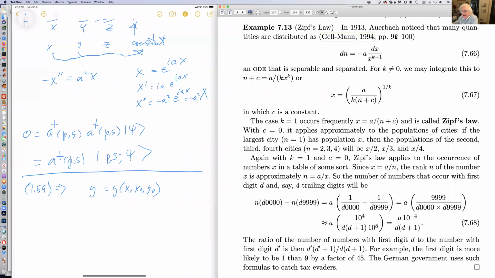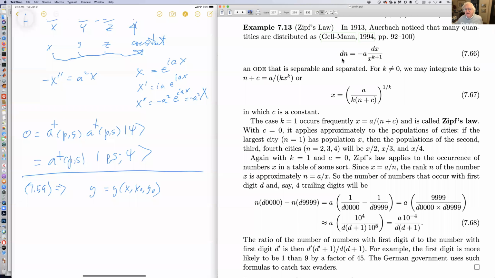Anyway, in 1913, Auerbach noticed that many quantities are distributed in a particular way. In other words, we've got a bunch of items, cities, names, people, charges, bills, whatever. And we order them according to some rational order.